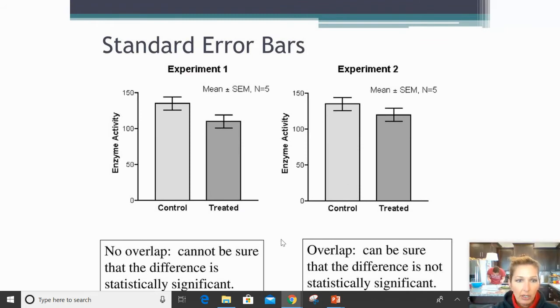How we use error bars is you look to see whether there is overlap in the error bars. Since there's an overlap here in these error bars, here's my control, here's my experimental group, there might not be any significant difference between these two. So we can't accept our hypothesis.